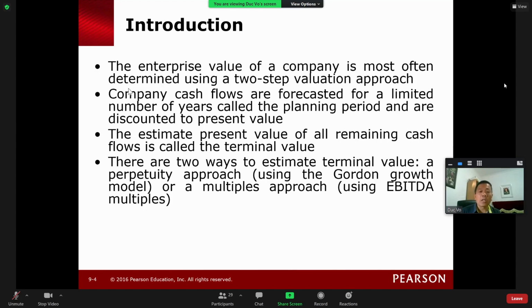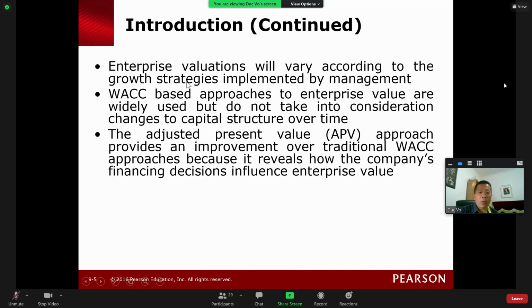Am I right? In practice, the maximum you can forecast is about 5 years, and after 5 years you need to assume that everything remains the same, and then we use a different method to work out the value for the remaining years of the company. So that becomes complicated when you do the enterprise valuation.